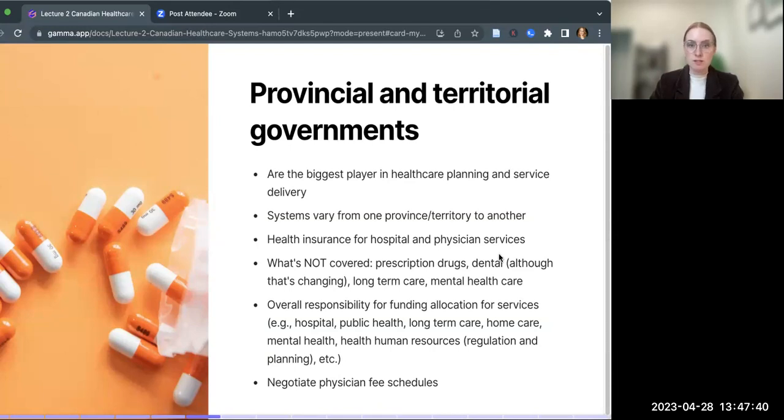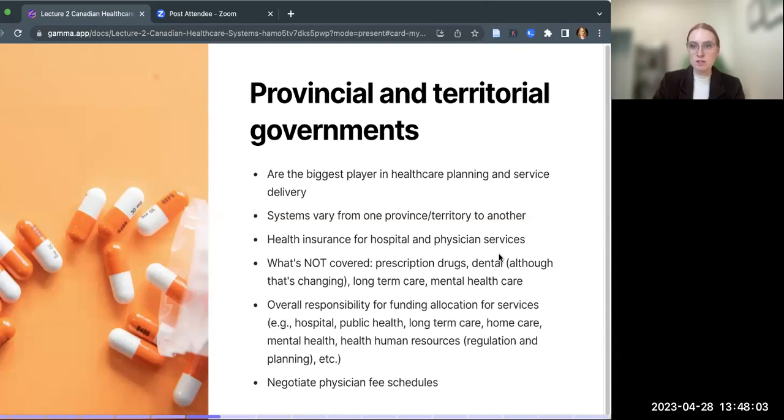That's why in some ways we have so much variation in terms of provincial health systems, because it really is determined by provincial leadership how that's going to be delivered to the population within those general principles that we talked about.